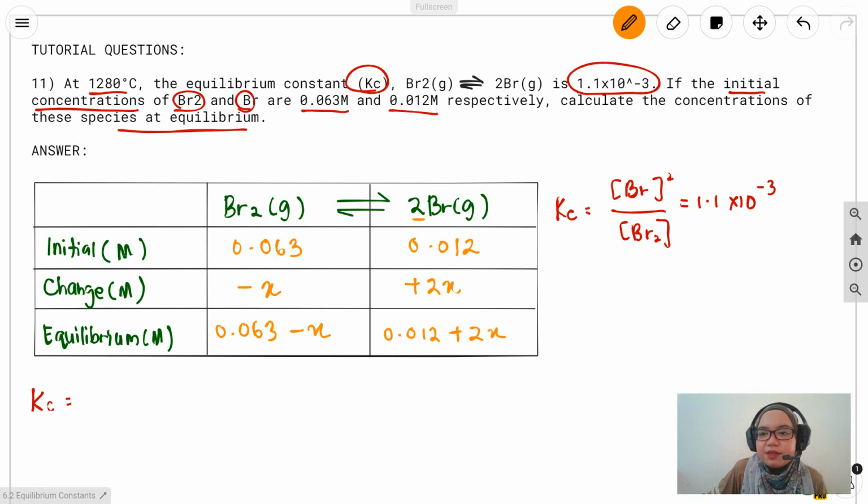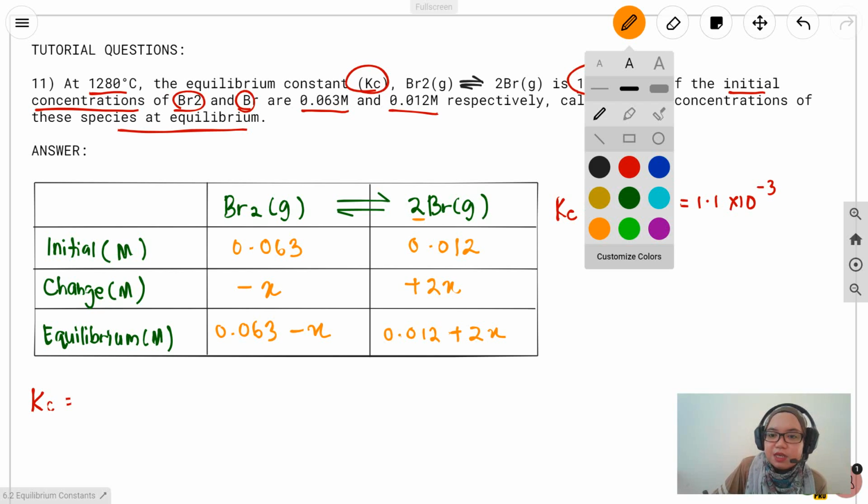The expression for Kc is equal to [Br]² divided by the concentration of Br2, which equals 1.1 times 10 negative 3.